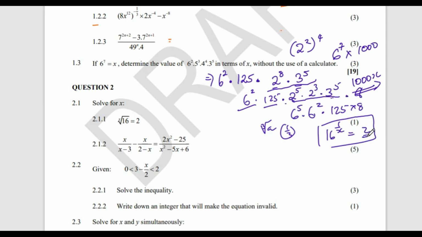And we know that 16 will be the same as 2 to the exponent of 4. Okay, if 16 is 2 to the exponent of 4, remember it's a 1 over x, so it's like 2 to the 4 over x is equal to 2. Then the bases are the same, then we just have to consider the exponents.